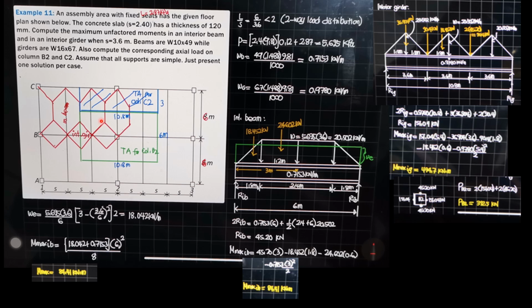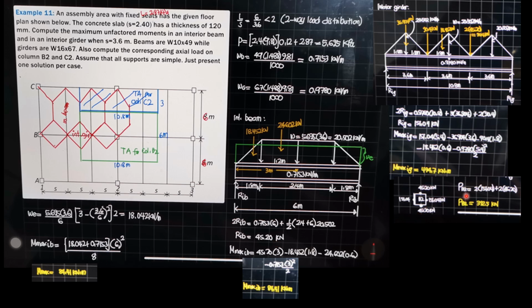Then above it and below it, we have the reaction in the interior beam, which is 45.2, so 45.2 and 45.2.